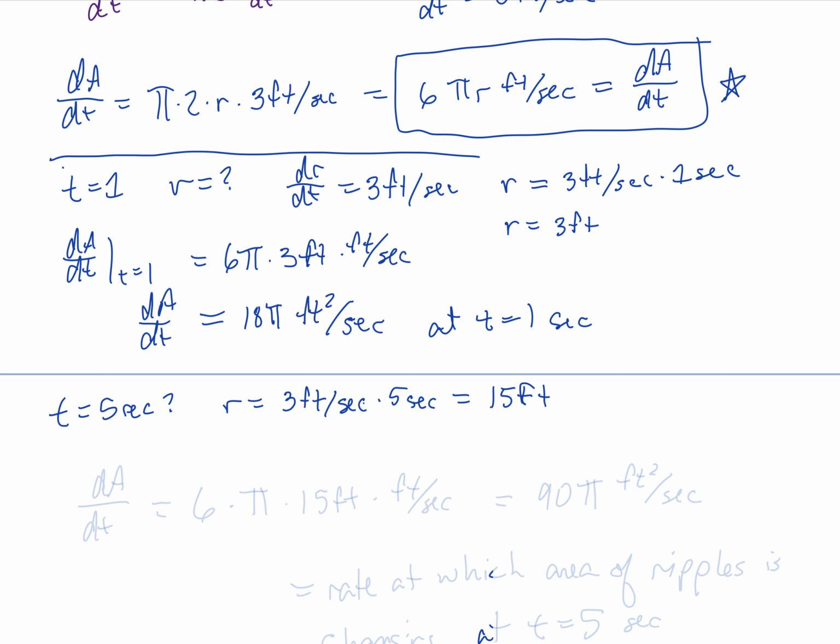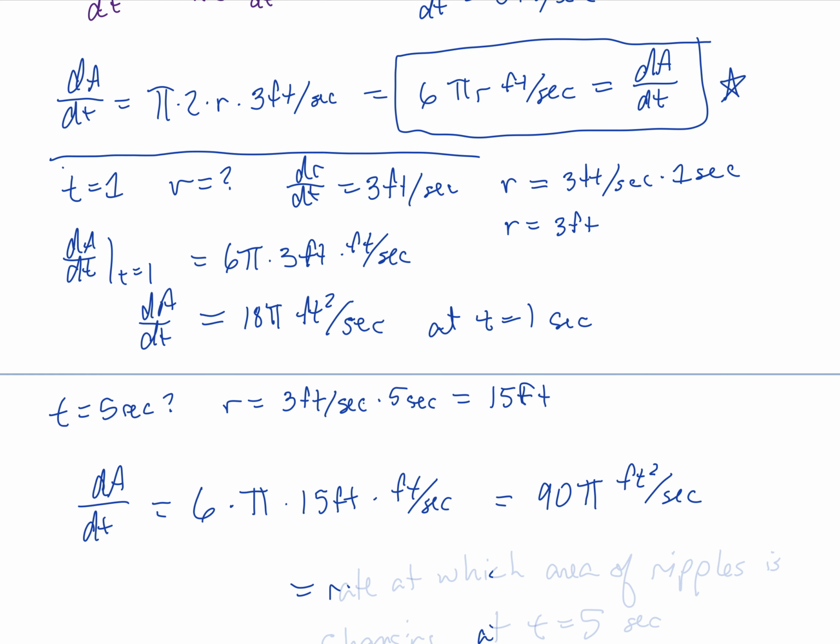And so that means that dA/dt at that time is 6 times pi times 15 feet times feet per second. The rate at which the area is changing is 6 times 15, that's 90 pi feet squared per second.